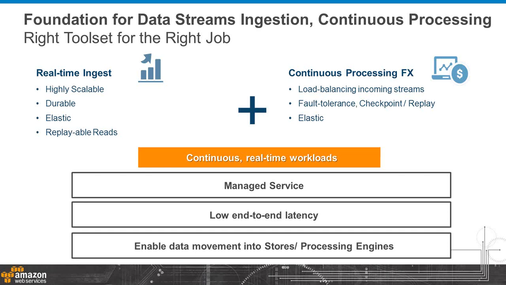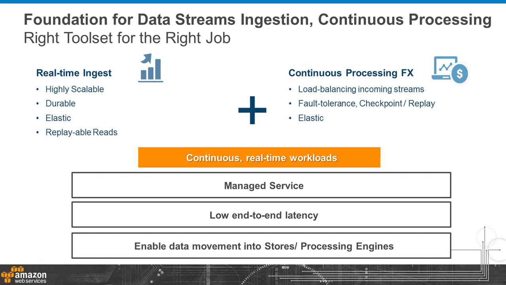The second component of such a service would enable continuous processing of the data that has been ingested in the first place. This processing framework would enable a load balancing of incoming streams of data, which could be time varying. The processing framework would enable a fault-tolerant approach to continuous processing and enable abilities like checkpointing and replaying.